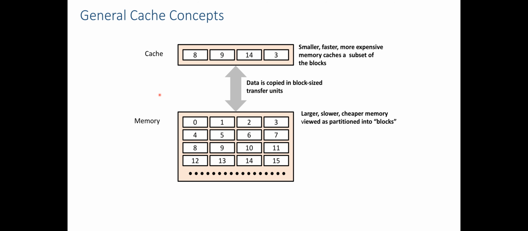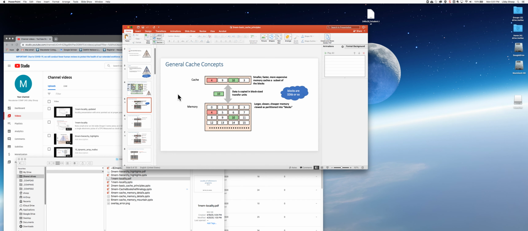Now, I mentioned in the last slide 64 bytes. Often they're 32 bytes. That says kilobytes. I'm gonna just fix this while you see me do it, because it's bytes. Blocks are 32 bytes.